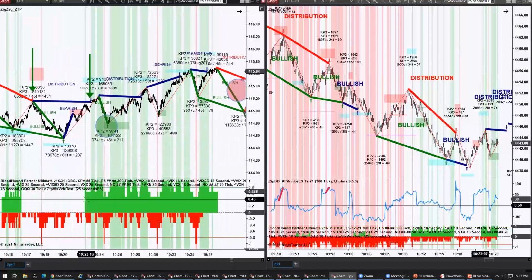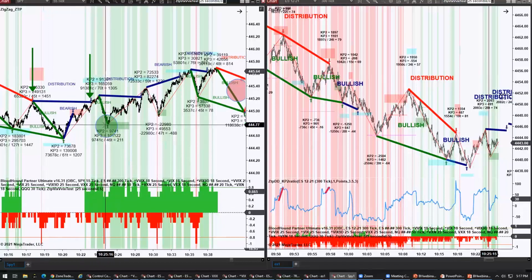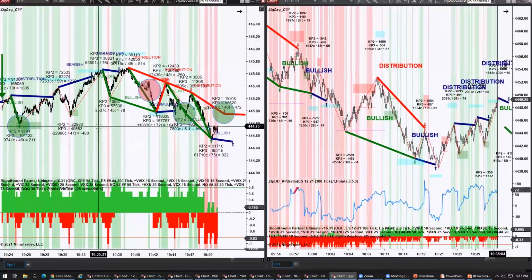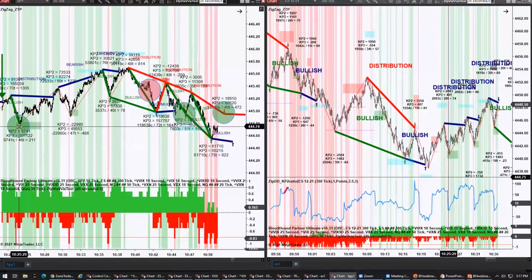Now, at this point right here, we could see the flip from basically no VIX to the VIX going with us. And we have the first of our long trades good for about 6 points. Right here, forgot to mark that.